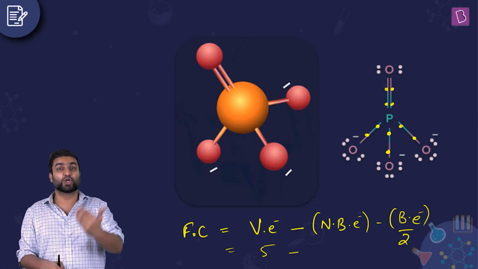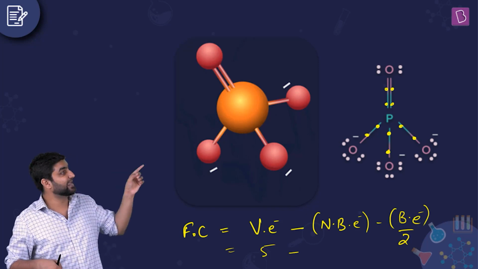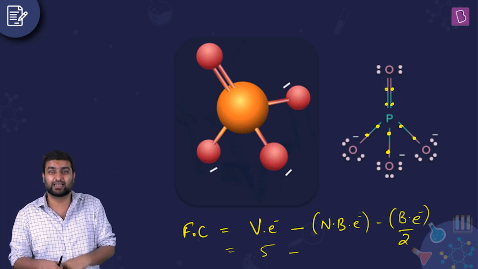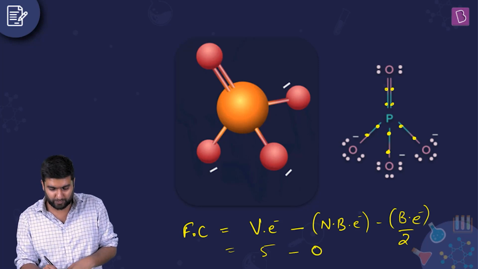So it has crossed the octet, the 8 mark. It's utilizing all of its 5 valence electrons before the bonding. So it has 0 non-bonding electrons.